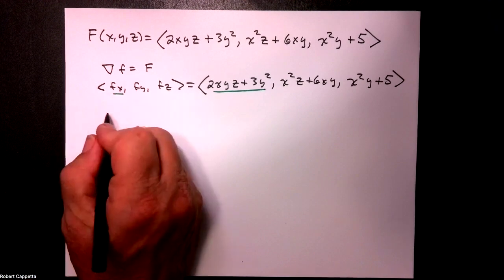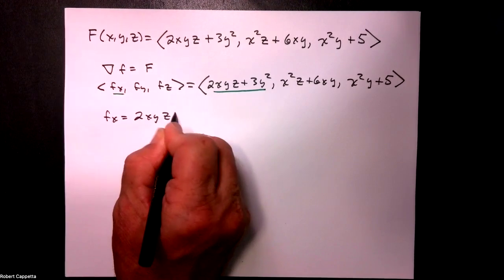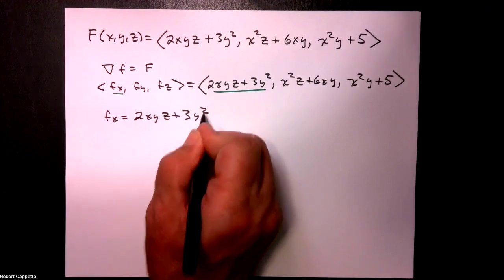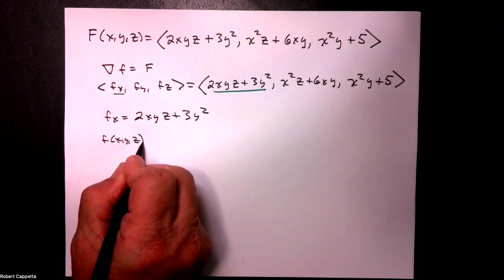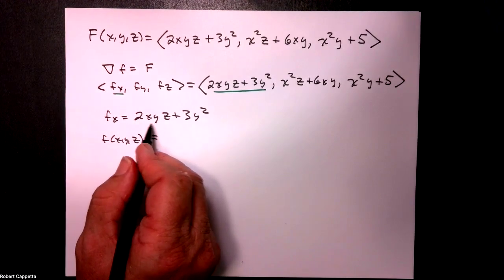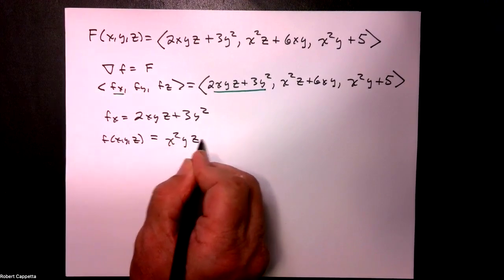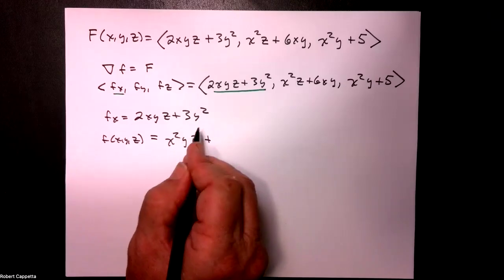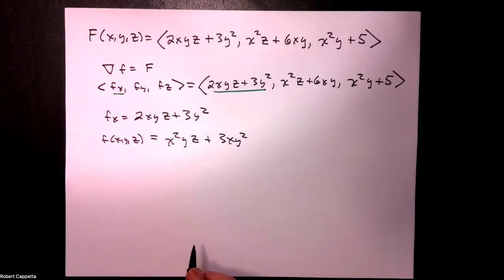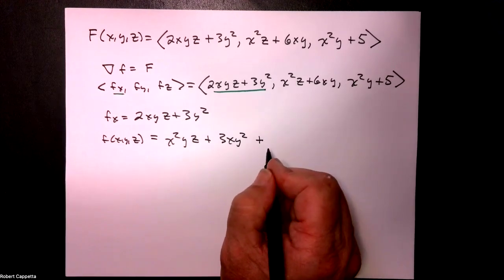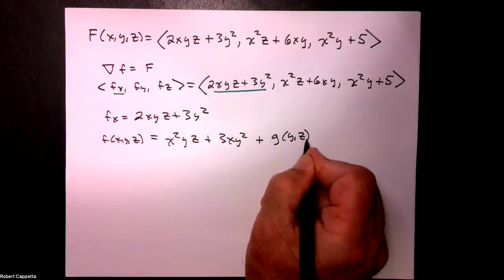So if f sub x equals 2xyz plus 3y squared, what does that make f of x, y, z? Integrating with respect to x, it'll be x squared yz. And 3y squared is treated as a constant. Multiply that by x, that would be 3xy squared. But then we can add any function of the other two variables, being what? Being g of y and z.